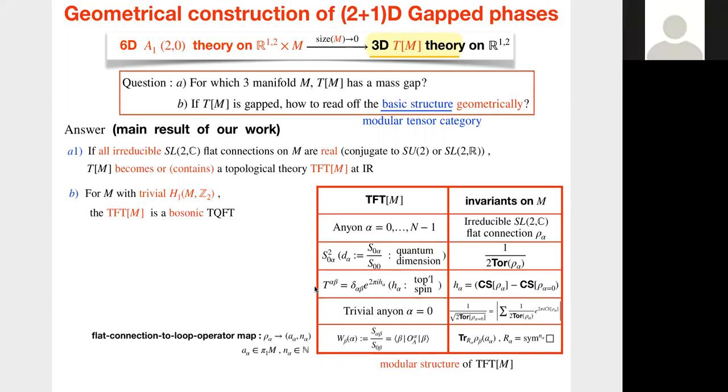So minimal models can also be realized as some rational CFT, and they live at the boundary of this topological space. So in this way, the classification of topological spaces is somewhat related to the classification of 2D rational CFT. Okay, thanks.